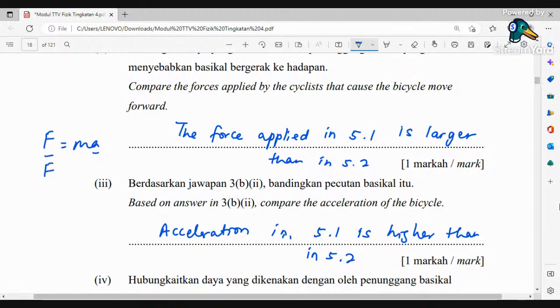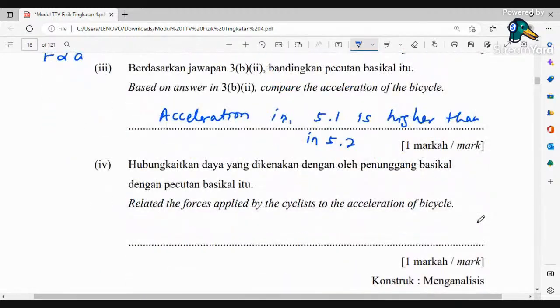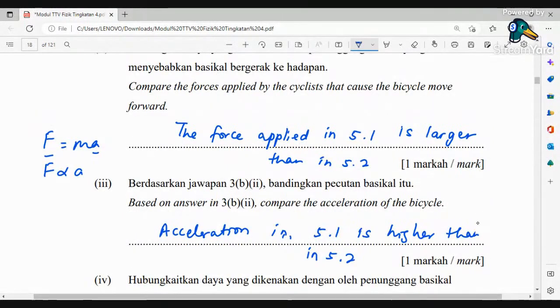Okay, for constant mass, F directly proportional to A. Okay, now next, relate forces and acceleration. Jadi you nampak sini, force larger, acceleration higher.